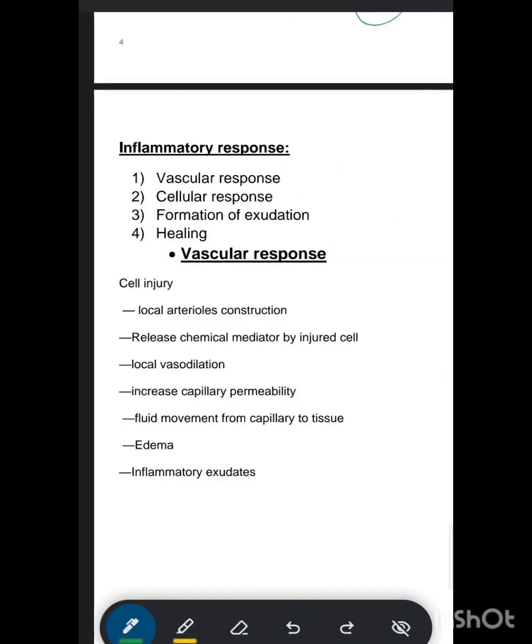Now coming to the next important point, the inflammatory response. Within this, first happens the vascular response.